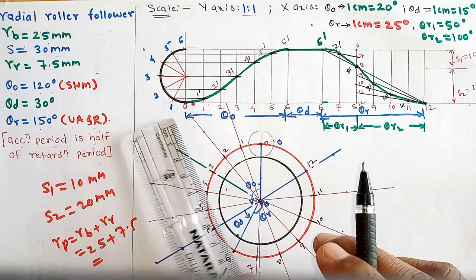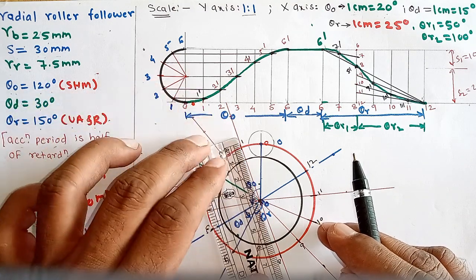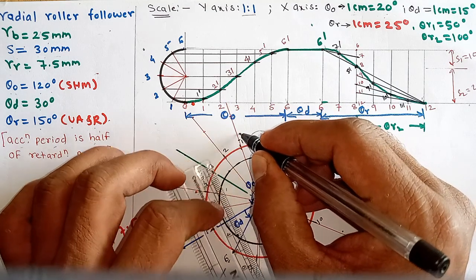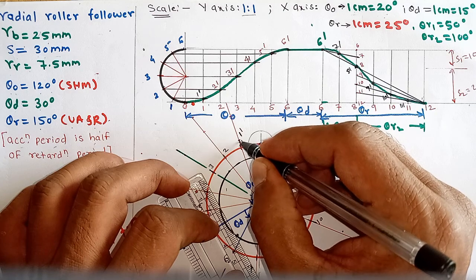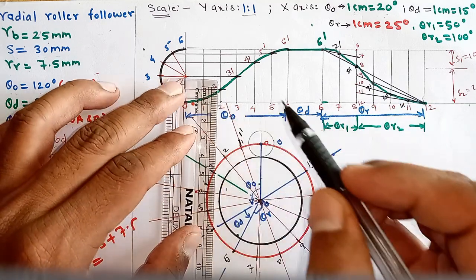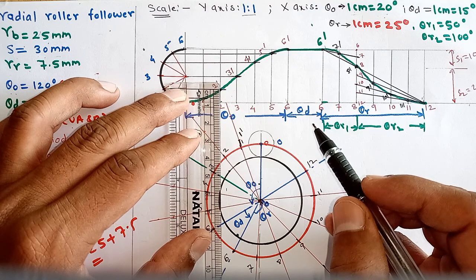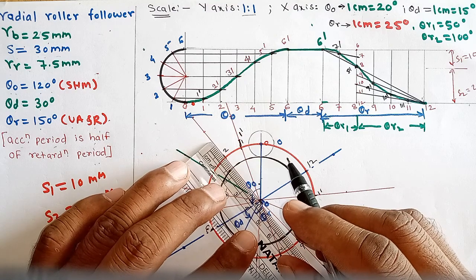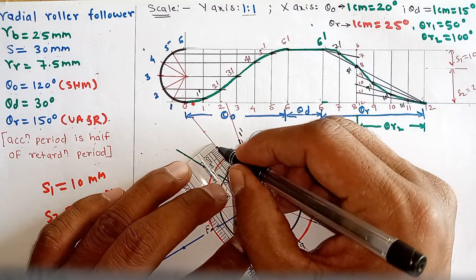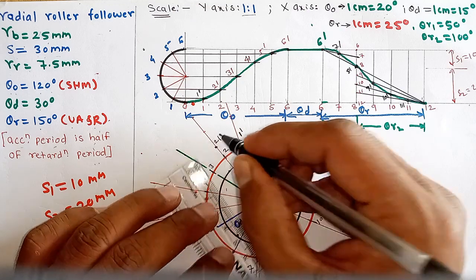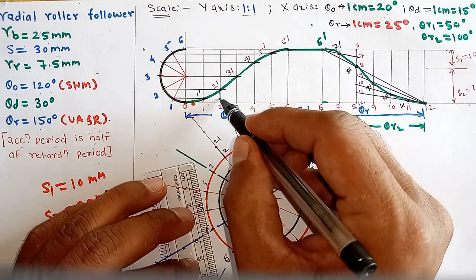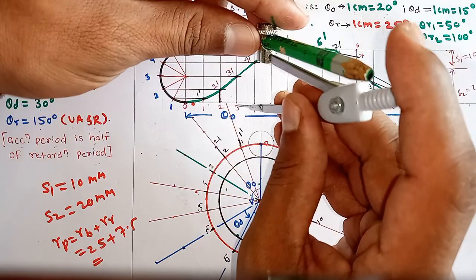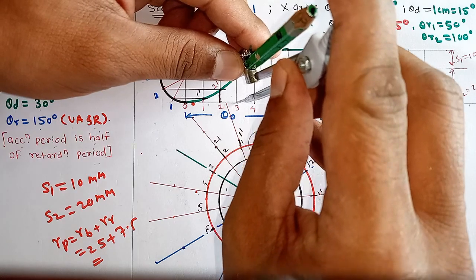Now at instant number 1 it is 3 millimeter displacement, 1 to 1 dash. So we'll plot that. So it is 3 millimeters. So this is 1 dash. Now at instant number 2 the displacement is 7.5. So 2 to 2 dash is this. Now at instant number 3 the displacement is this much.